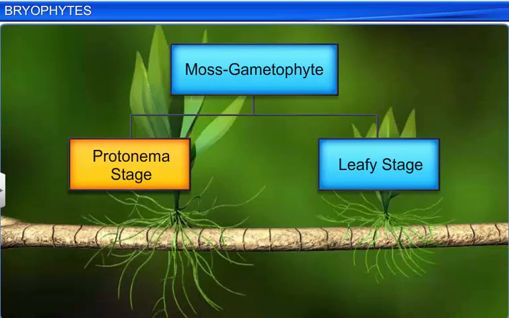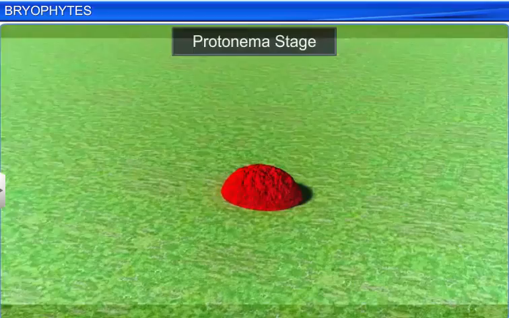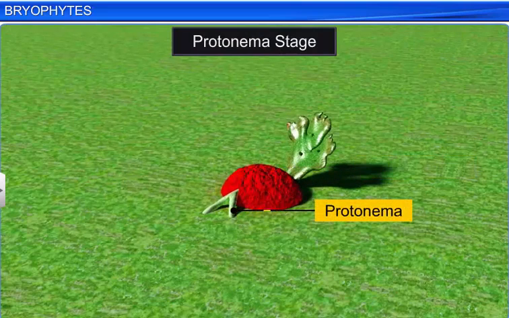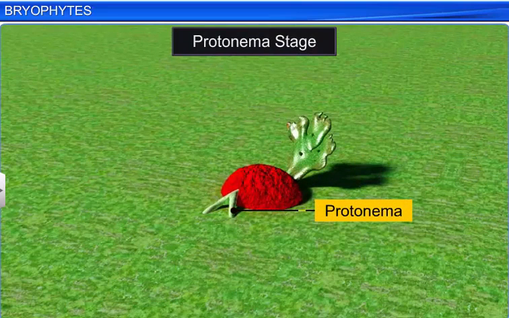protonema and leafy stage. In the protonema stage, the spore develops into a protonema, a thread-like chain of cells. The protonema is creeping, green, branched, and filamentous.